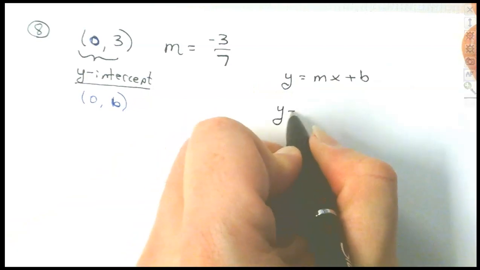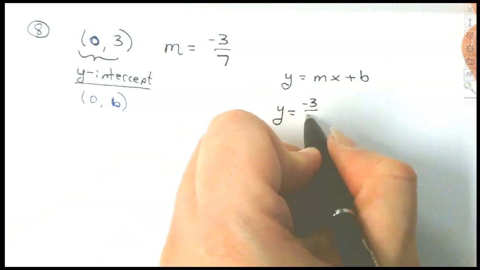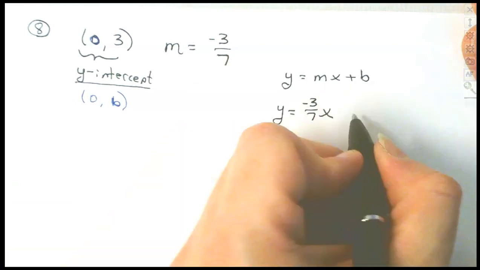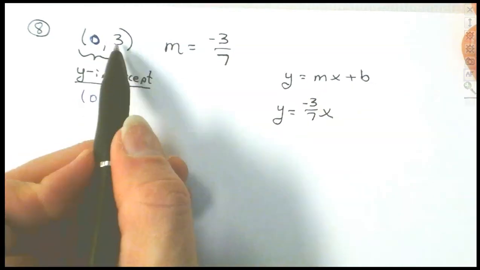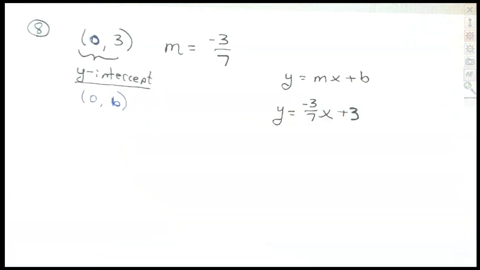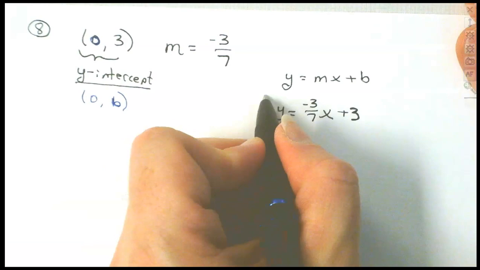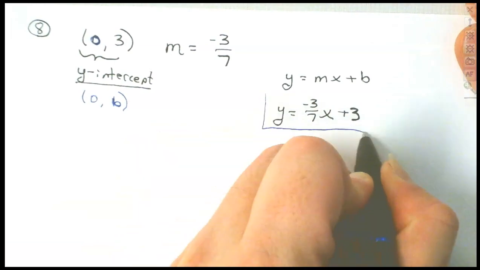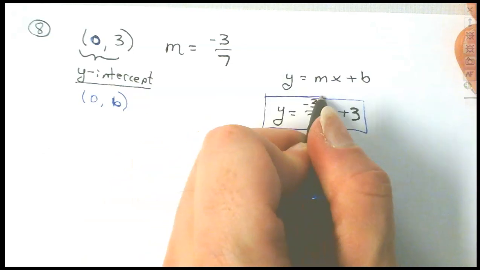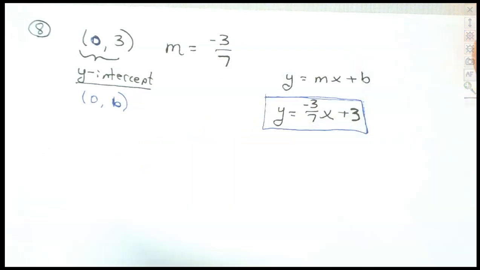We know our slope, which is minus 3/7, so that comes down for your m. And we know our b, which in this case is a 3. You could use point slope if you wanted to, but on this one, since you've got the y-intercept, you can also just jump directly to your answer.